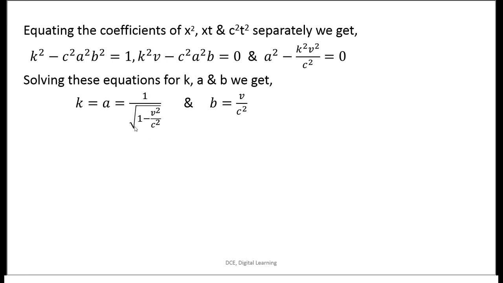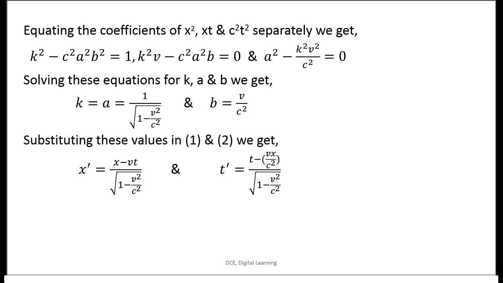This is the most important parameter in the whole theory of relativity, and the value of b is equal to v by c square, where v represents the velocity of the frame of reference moving with respect to the inertial frame of reference, and c is the velocity of light, which is constant.